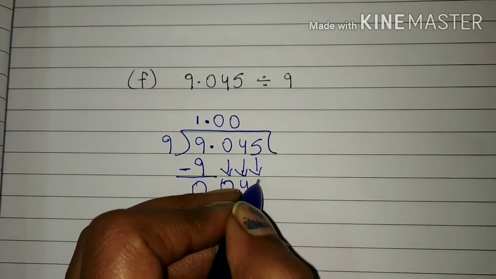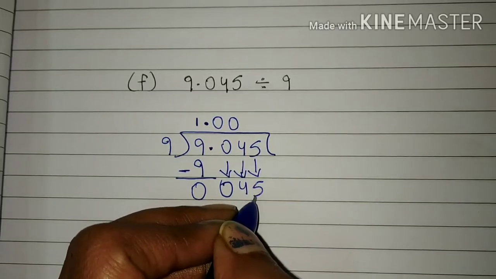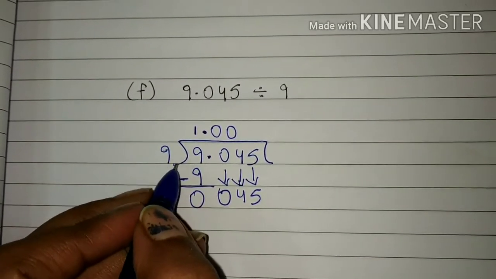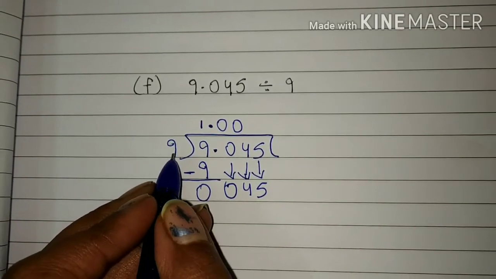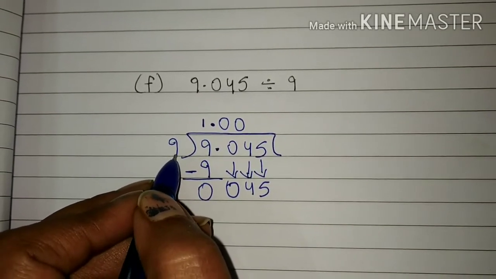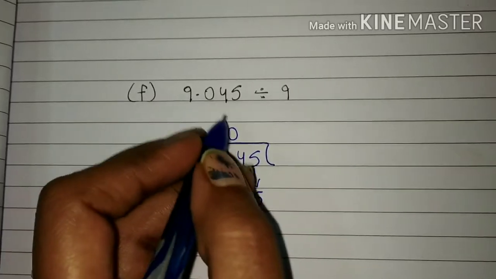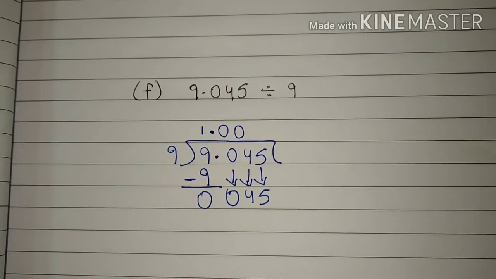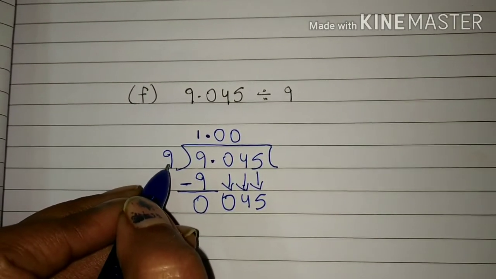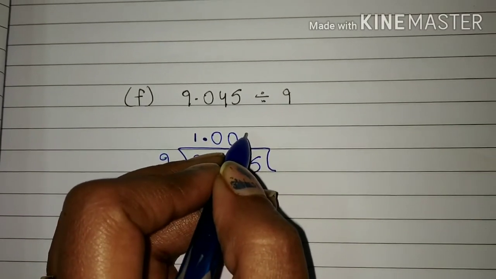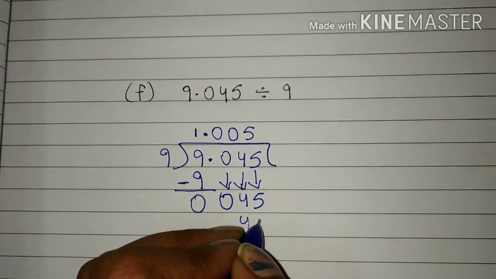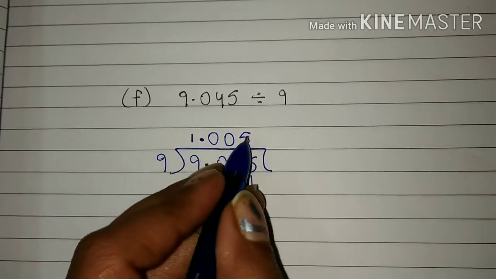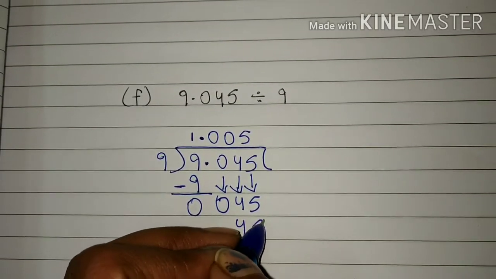So we will write 5 here. Now students, we will divide 45 by 9. So 9 5s are 45. So we will write 5 here and then 45 here because 9 5s are 45.